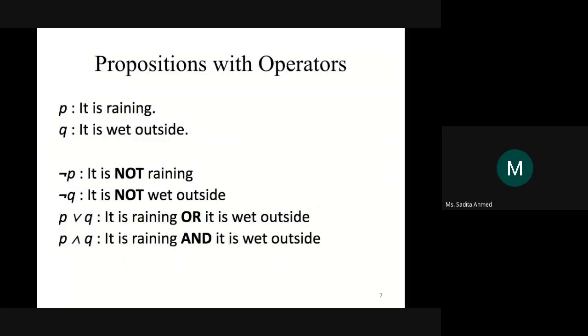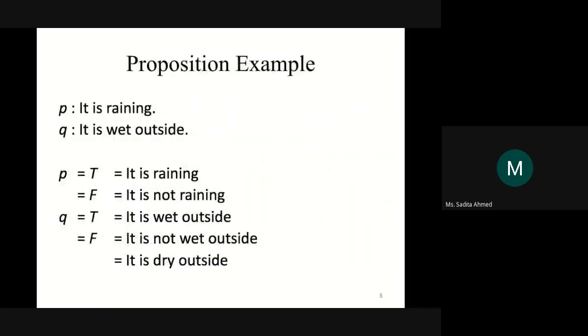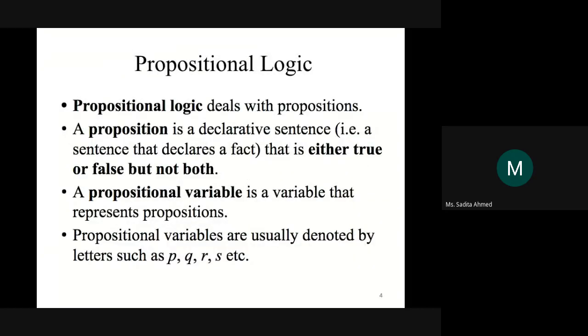So just to expand a little bit on that, I was talking about proposition. We were defining proposition here, right? A proposition is a declarative sentence or a statement that can either be true or false, never both. It is raining. It's a proposition. What if I change it to, is it raining?